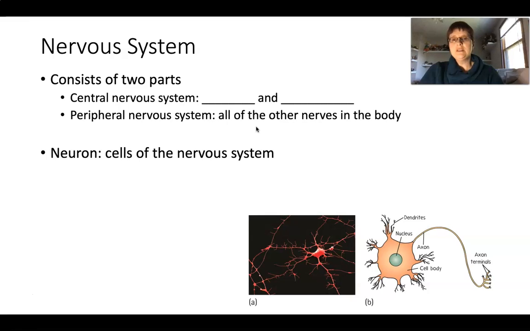Now, both of those systems are made up of neurons. So neurons are the cells that make up the nervous system. And you can see them over here. So this is a shot of an actual neuron. So you can see the central part of the cell. And then they have another structure that comes off of them. So here is the cell body with the nucleus in it. So that's the cell body right there.